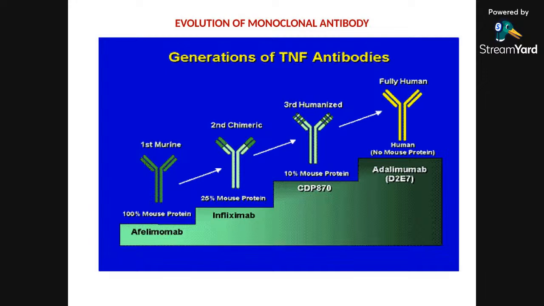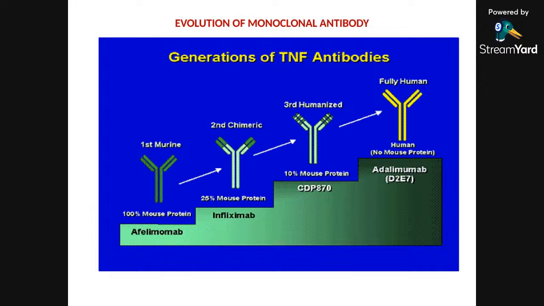Previously, it was 100% mouse protein. That is the first murine antibody. The next, based upon immunogenetics, was modulated to 25% mouse protein, which is in the market.